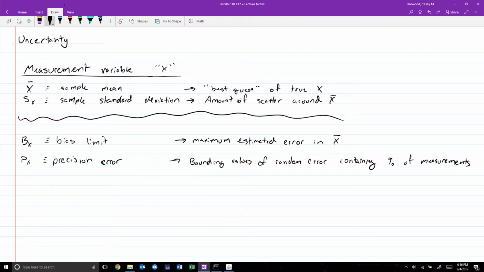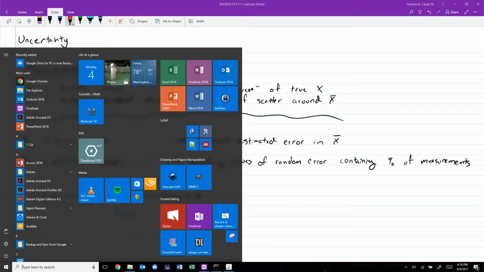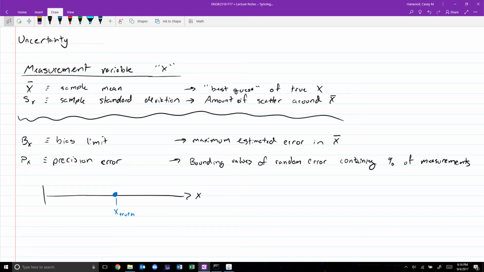That is, if we have a measurement of X, let's say there's some X truth. This is the value that we seek, right? We're looking to get this blue dot here through our measurements. However, because we are using flawed equipment, or because the temperature changes during the day, or for some reason we obtain X bar, and there's some scatter around those.